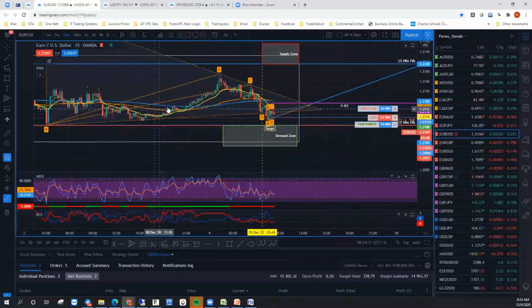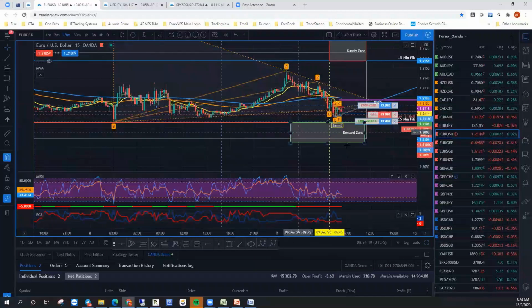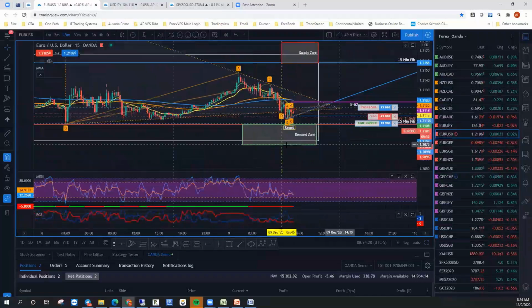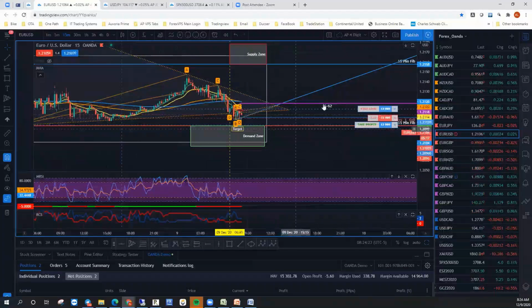And then overnight it went lower high, and right now it's still struggling to break Monday's low. This is kind of range bound as well.